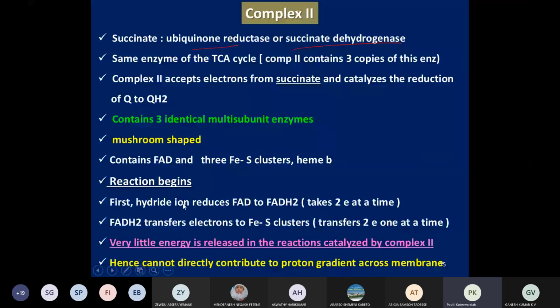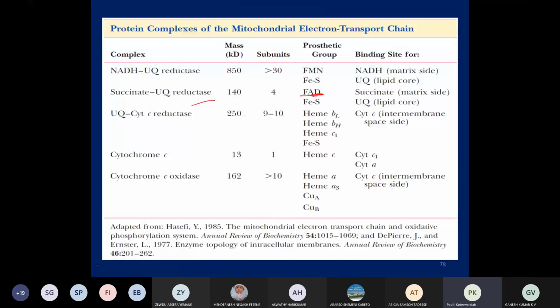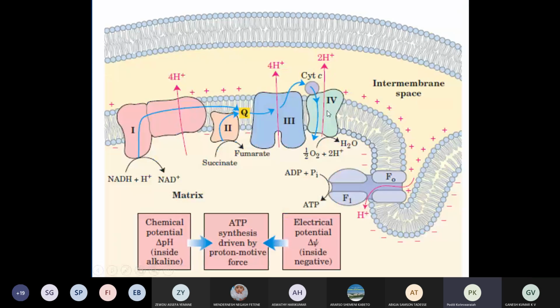This complex 2 has FAD as a cofactor. You can see once again clearly, this is complex 2. It has the FAD cofactor, whereas complex 1 has the FMN cofactor.